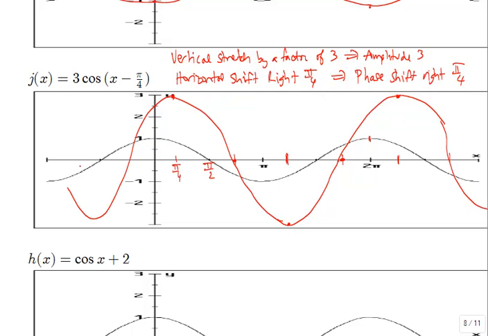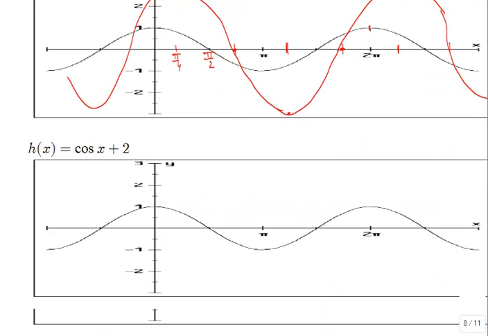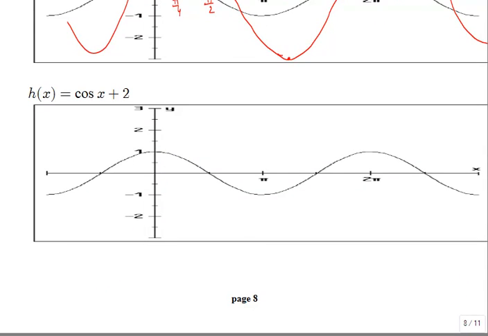Okay? All right. Let's try the next one. Cosine of x plus 2. There's no parentheses this time, so the plus 2 is off to the side. That makes it a vertical shift up 2 units. So I'm just going to take my key points on my graph and shift them all up 2 units.